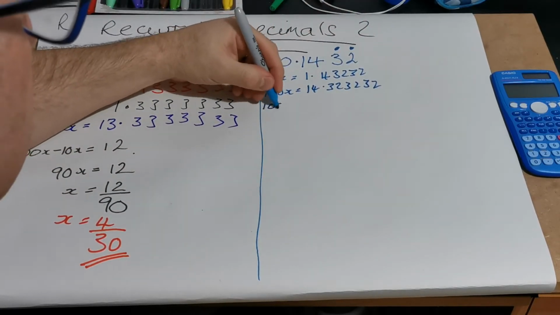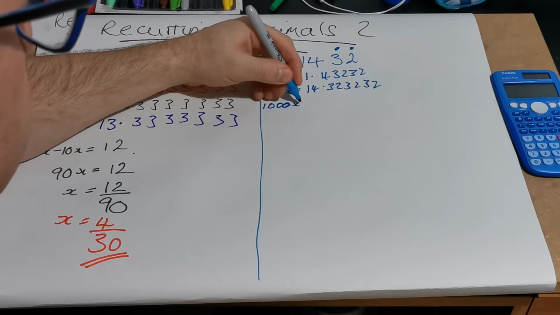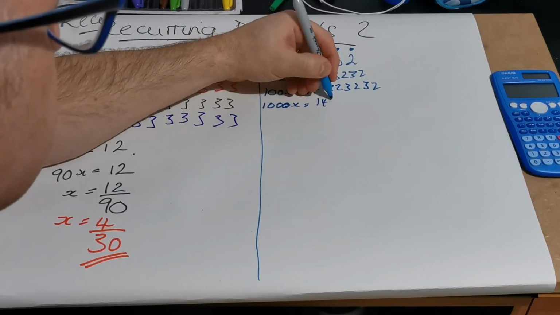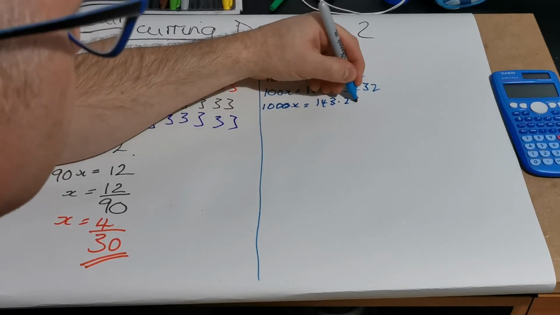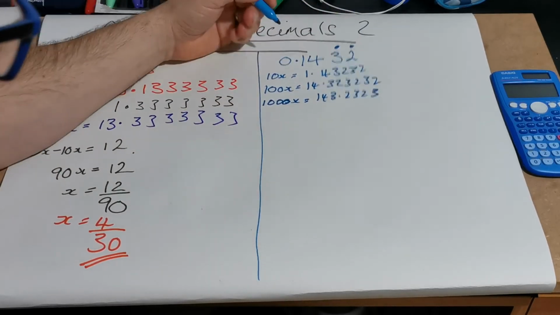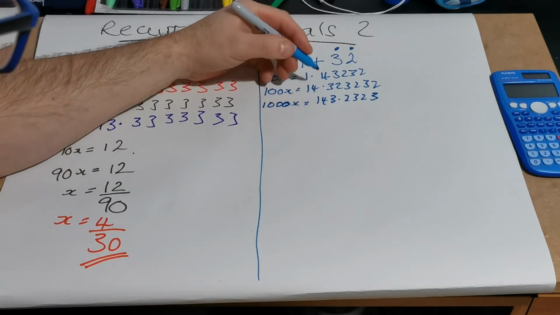If I look at 1000x, I get 143.2323. Oh, still not the same.